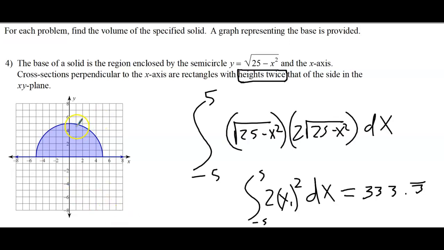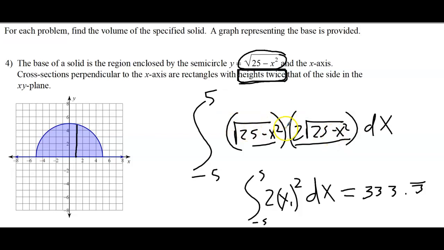So the base is the distance from my curve to the x-axis, which is represented by the y value, which is given by the square root of 25 minus x squared, so that's my base. And that's the base of my rectangle. They tell me the height of my rectangle is the same thing as the base, it's just twice as much. So we have base, and then here's my height, twice the base.